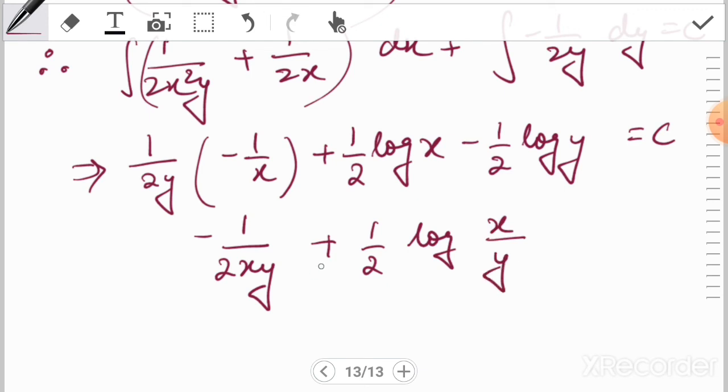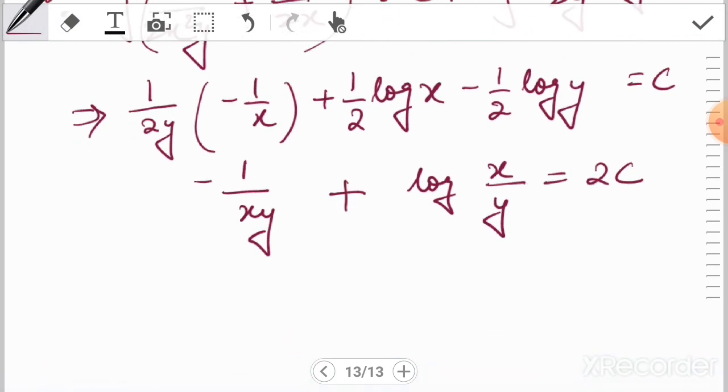Yes, and then we can remove this 2 from here and take it to the right hand side as 2c, which can be replaced by another constant c dash. Okay, so this is the required solution.